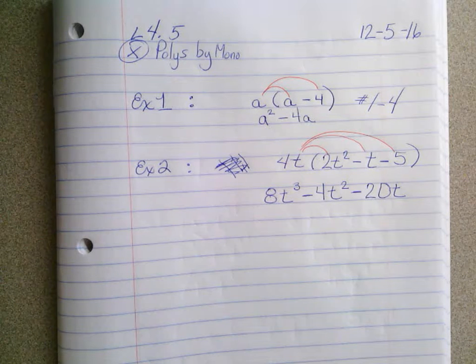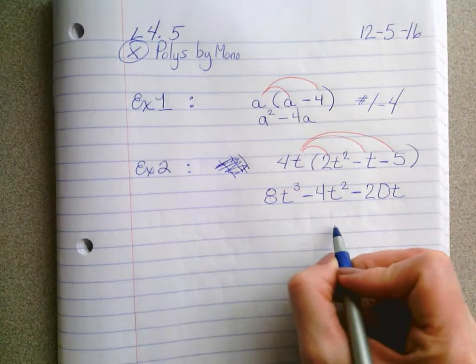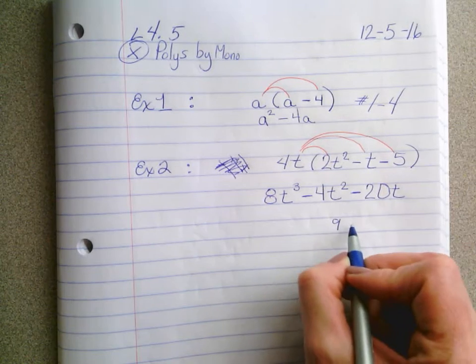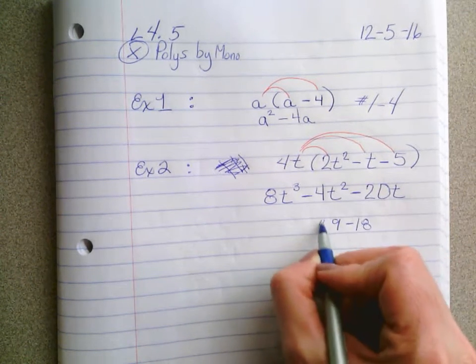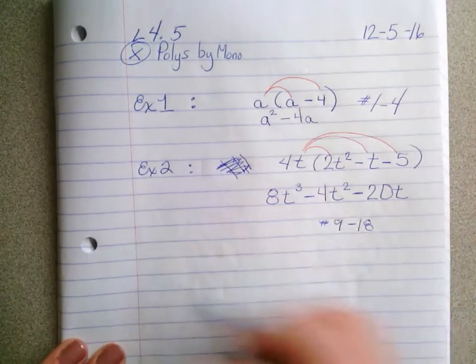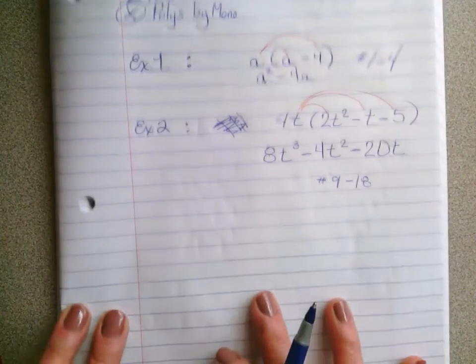These here are going to speak up to and including number 18. So say 9 through 18. They might look a little different, but they're all the same. What if I did this, example 2 kind of thing?